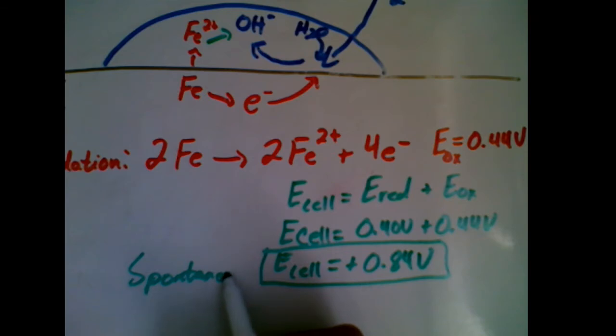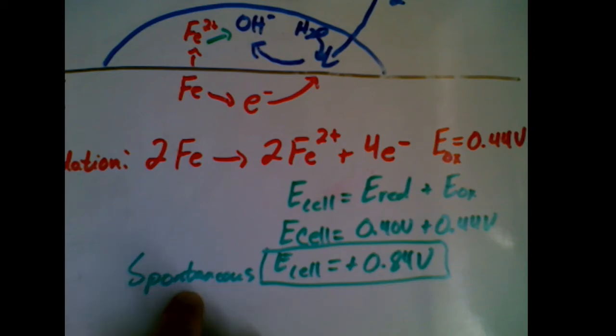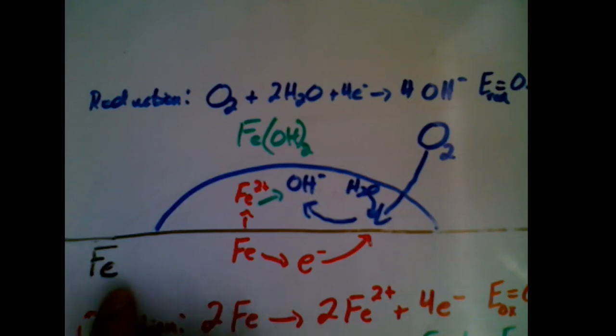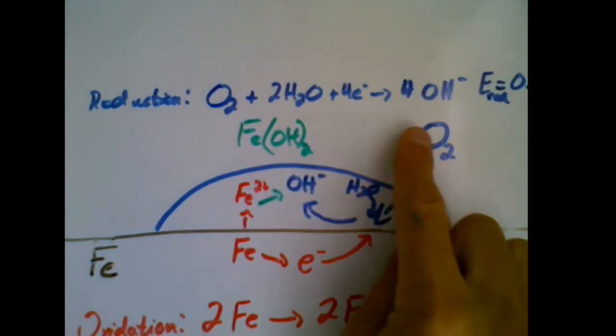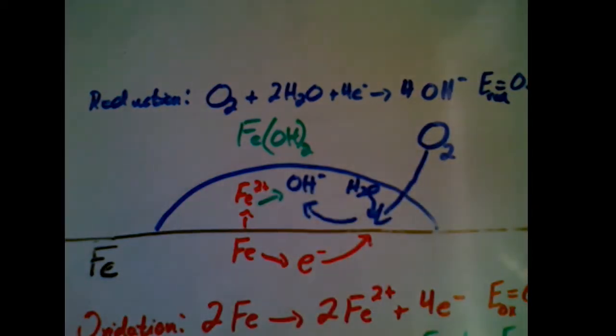Because we have that positive value for our voltage, we get a spontaneous chemical reaction. So as long as you have iron metal being exposed to water and oxygen, you will have a spontaneous corrosion reaction.